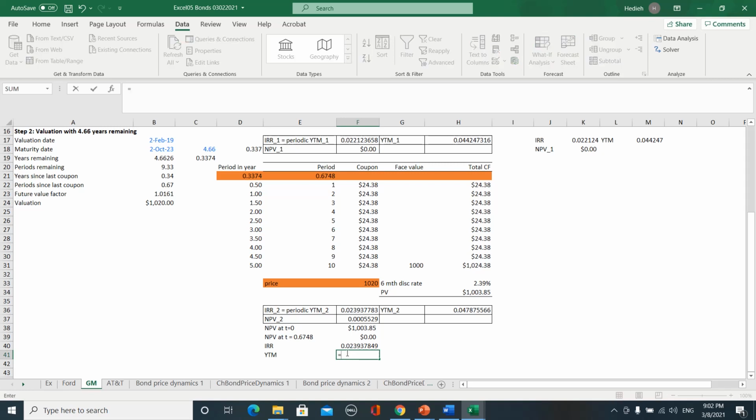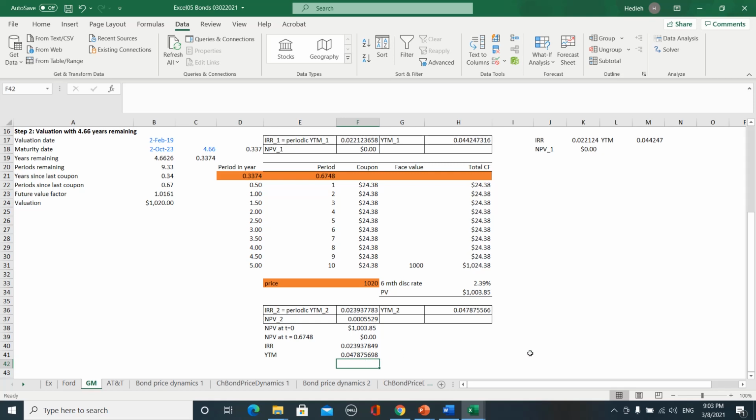So how many periods do you have? This 2.39% is a discount rate for a 6-month period because all of your cash flows happen in 6-month periods, right? So you want to make it an annual rate, just multiply this rate by 2 and click enter. So your yield to maturity is 4.79%.